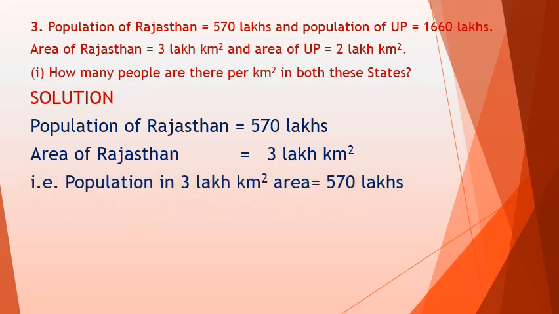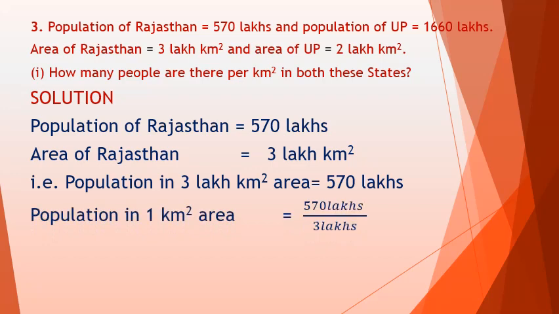So you are able to find in 1 kilometer square area how many people are living? Yes. That is, population in 3 lakh kilometer square area equals 570 lakhs. Therefore, population in 1 kilometer square area equals 570 lakhs upon 3 lakhs.